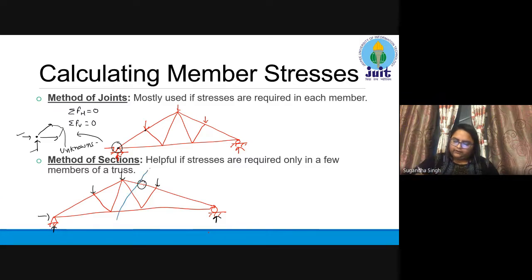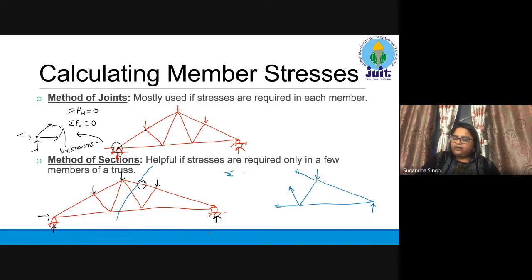So I can cut a section here and take the right hand side of the truss. So the truss that we have after cutting, and this is a virtual cut, not an actual cut, we have these forces that are being applied, and this is the member force.